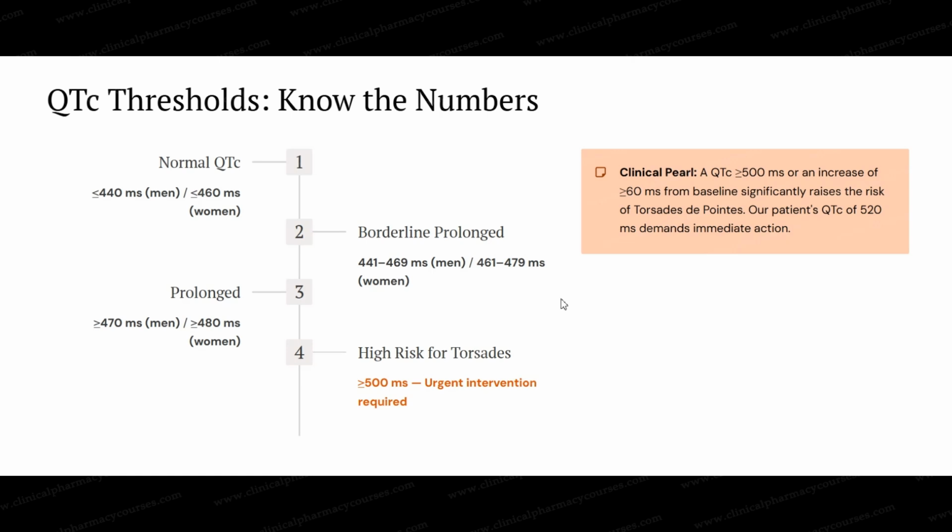So just keep this in your mind. If you see a QTc of 500 milliseconds or higher, or a QTc that was normal, and then something happened and suddenly it went 60 milliseconds or more higher than the normal, that increases the risk of torsades in those patients.